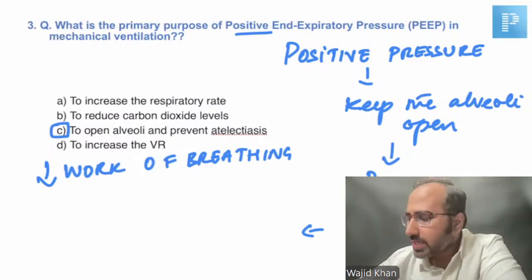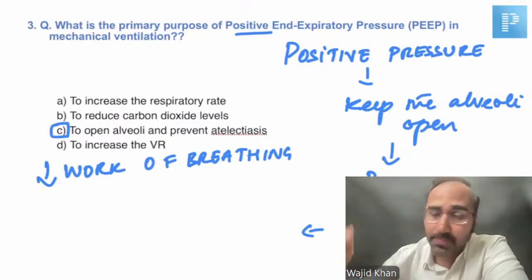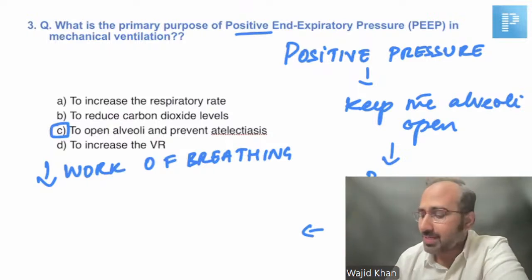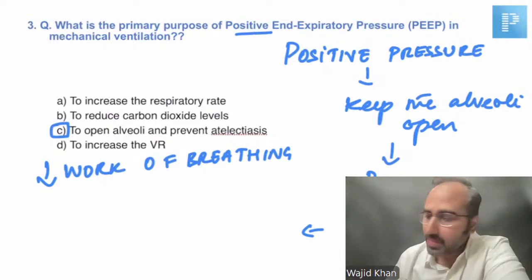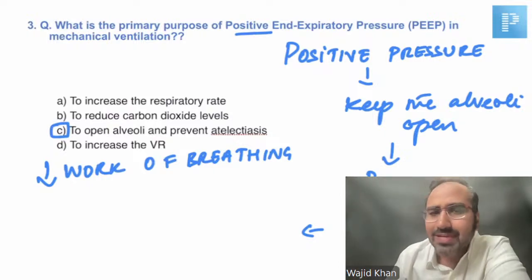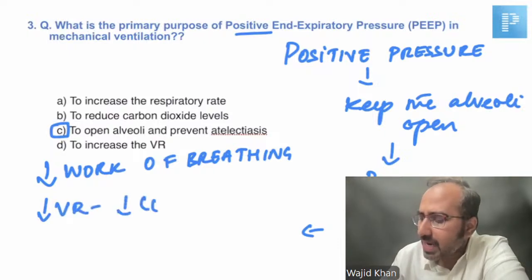So guys, I already told you the importance of PEEP. But you also have to keep one thing in your mind, that too much PEEP is bad for the patient. That means what? When you give PEEP for a long period of time, or when you increase the PEEP, it will decrease the venous return, decreasing the cardiac output.